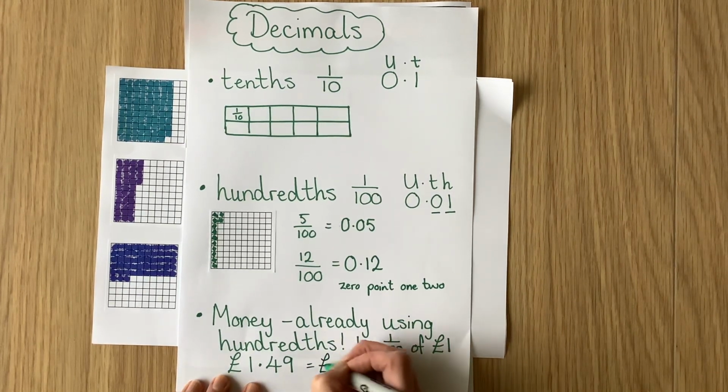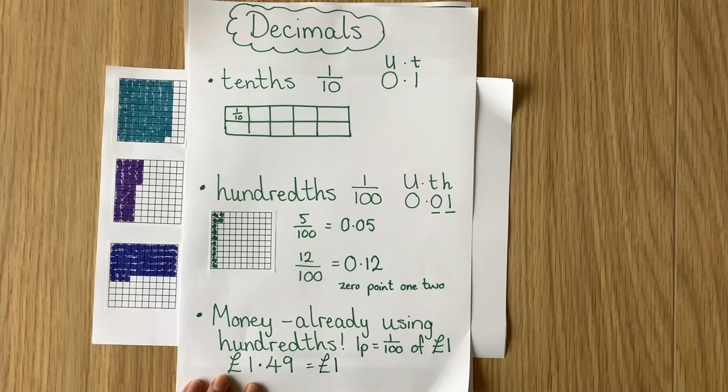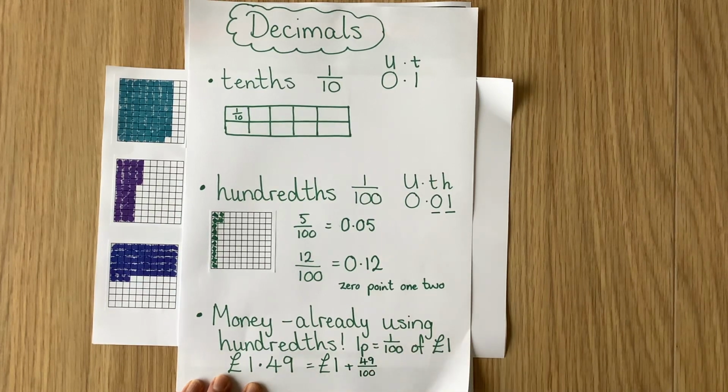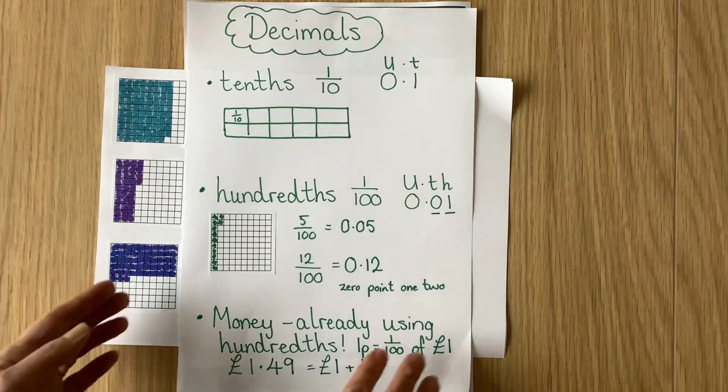Well, it means that I've got a full £1 and I've got 49 100ths of the next pound. The 49p is 49 100ths of the next pound. So £1.49 is already a way of looking at hundredths.